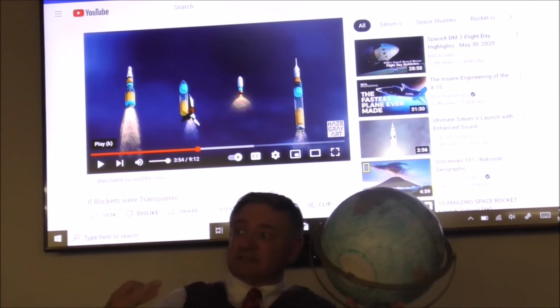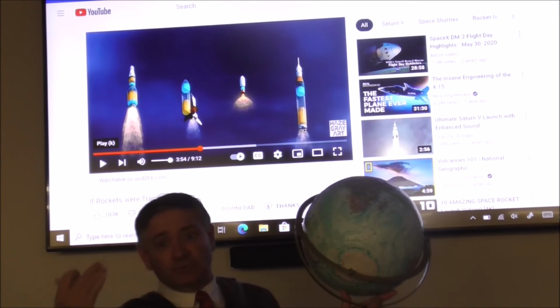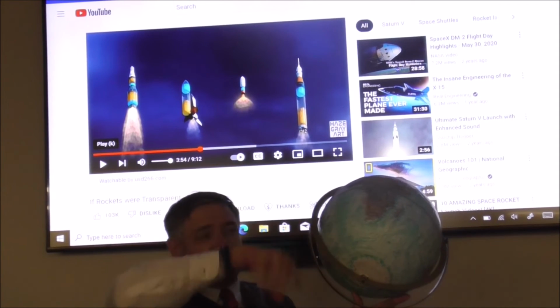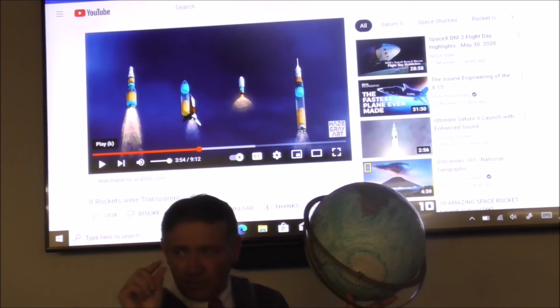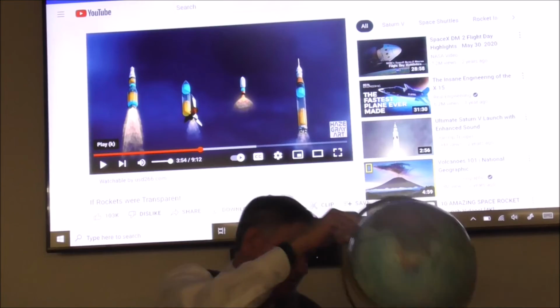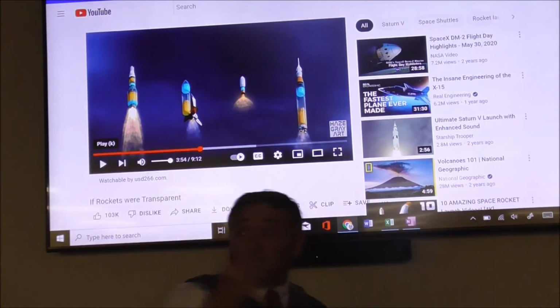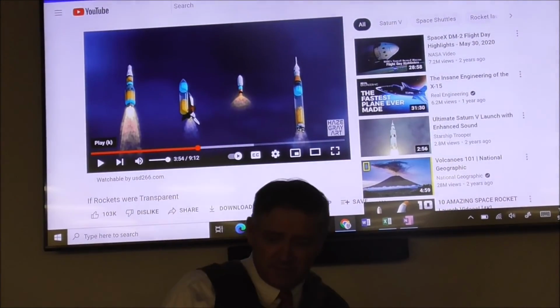That's why it doesn't take very long to get into orbit, because you just have to get above our atmosphere. If this is the size of the Earth, it'll only be about 1/4 of an inch thick. Okay? So that's an important 1/4 of an inch, because without it we wouldn't be here talking.